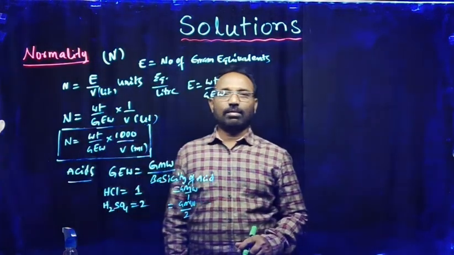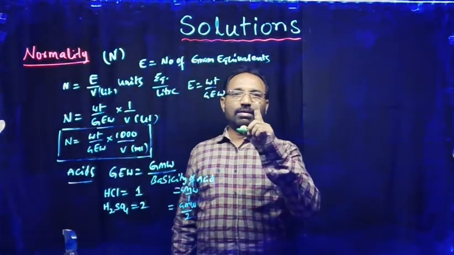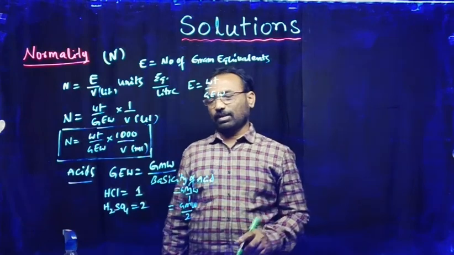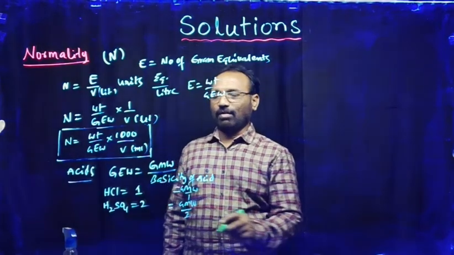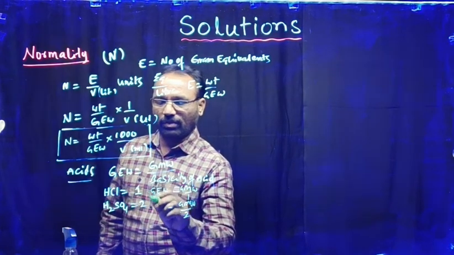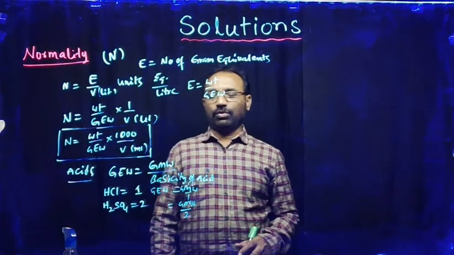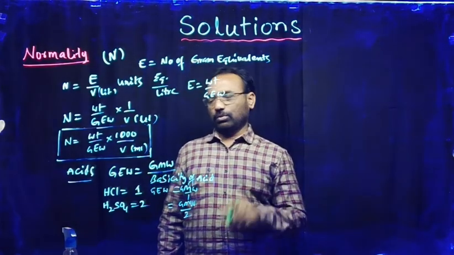In case of HCl only 1 replaceable hydrogen atom is present. Therefore, its GEW equals gram molecular weight by 1. In case of H2SO4, gram molecular weight by 2.